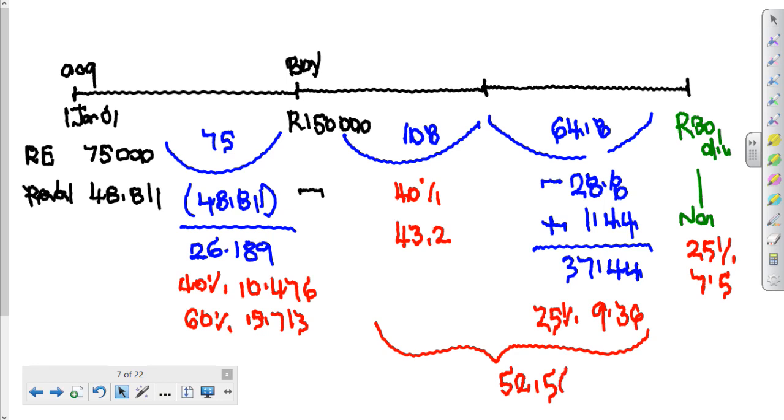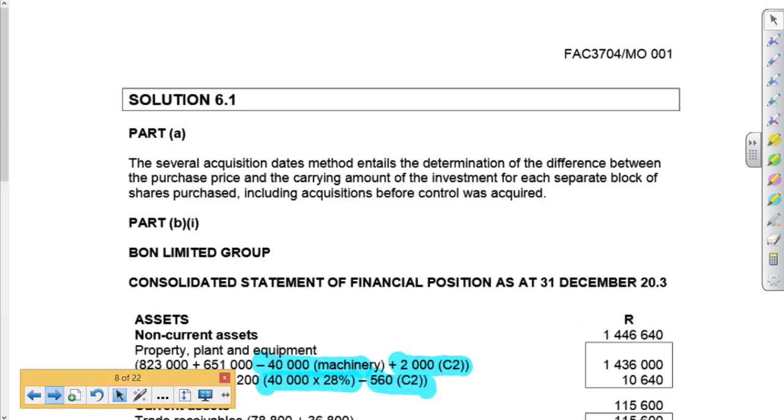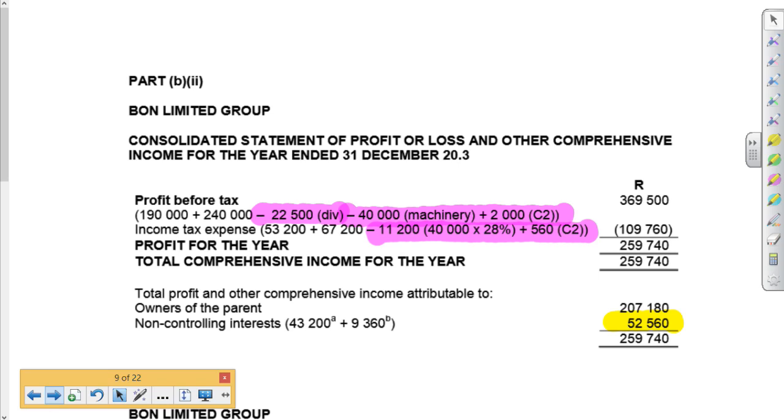Oh, we did all the calcs and then we forgot to come put it in. And when I did it, I even showed it that it was upstream, isn't it? Okay, so this is the 40 after tax. That's the 2 after tax. The 40 and the 2 we had worked out. Okay, so 52.56 is the NCI over there.